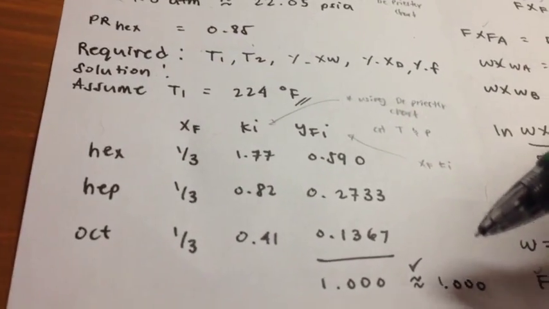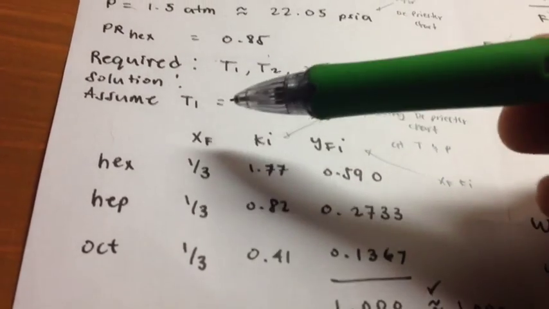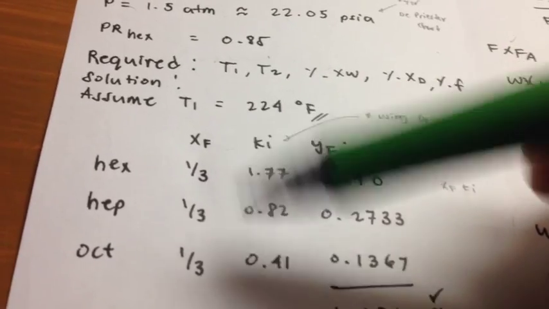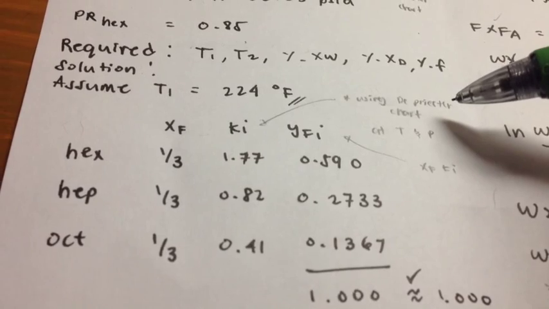For hexane, heptane, octane, the mole fractions in the feed are 1/3, 1/3, and 1/3. Ki is obtained using the Priester chart.